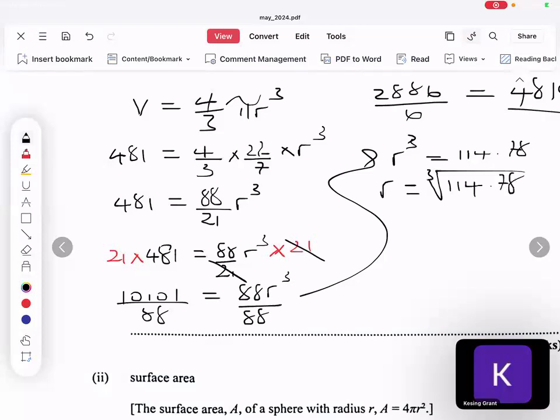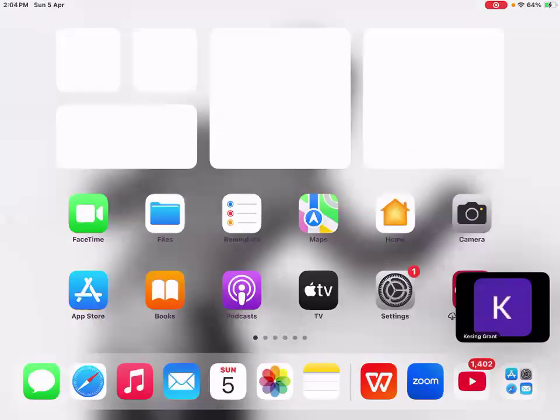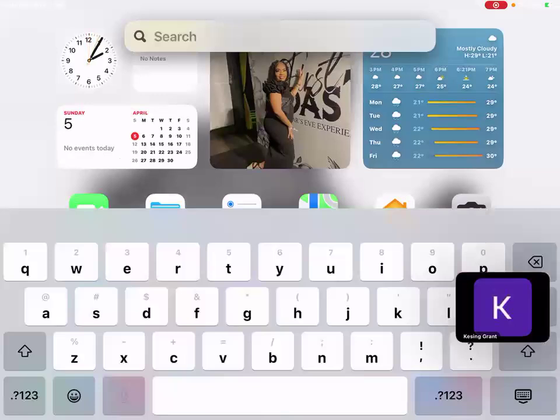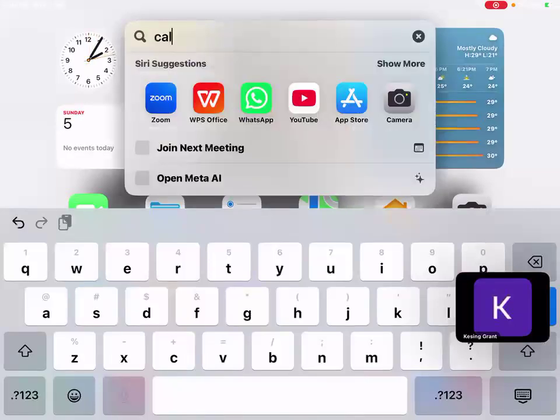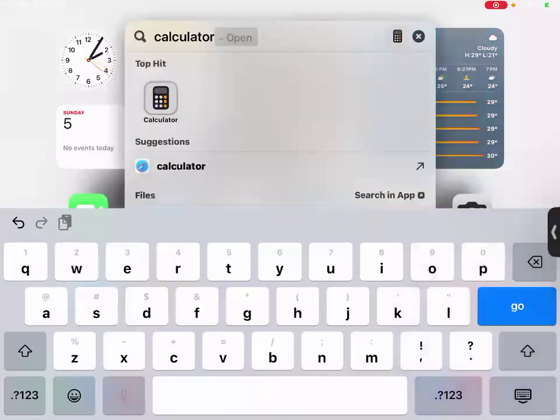So for those of you who don't know what the cube root symbol is, let me pull up my calculator. The cube root should be the symbol right here.